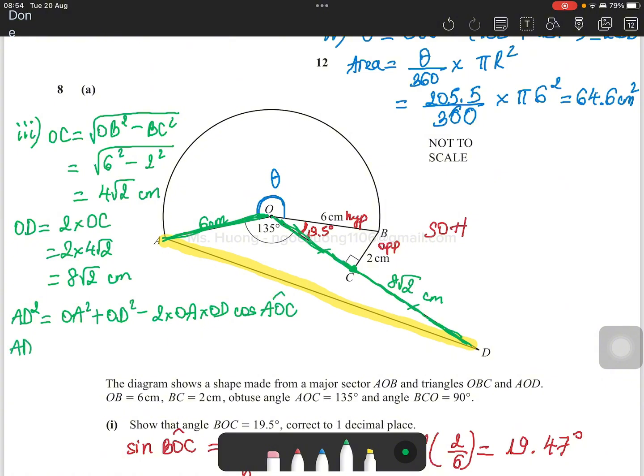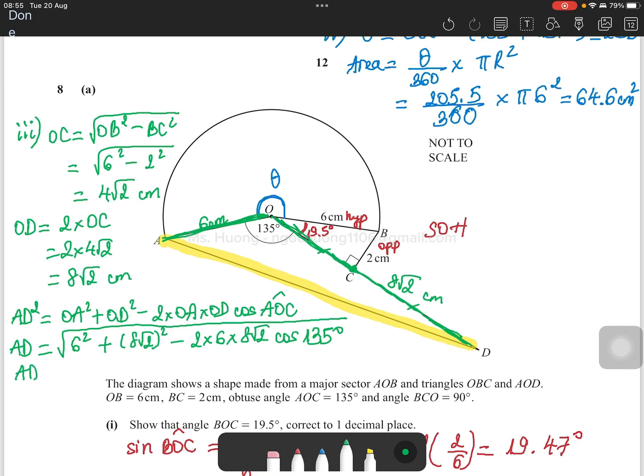So AD is equal to, OA is 6, OD is 8 root 2, minus 2 times OA times OD multiplied by cos of 135 degrees. Then we take the square root of this.